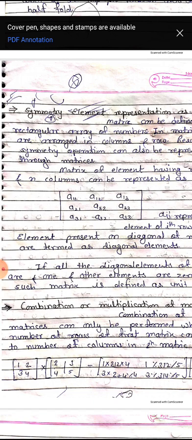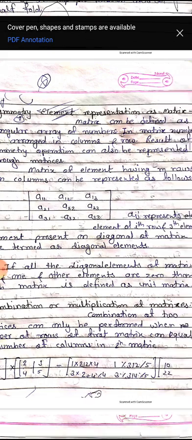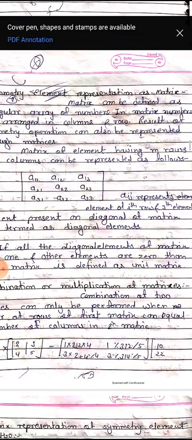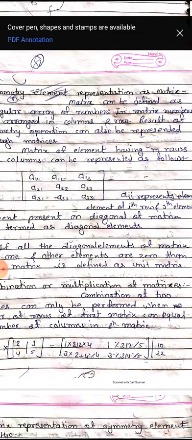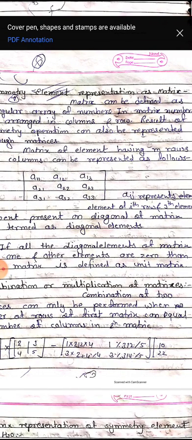A11, A22 and A33 are the diagonal elements, which are present on the diagonal of the matrix. Aij represents the element of the ith row and jth column.